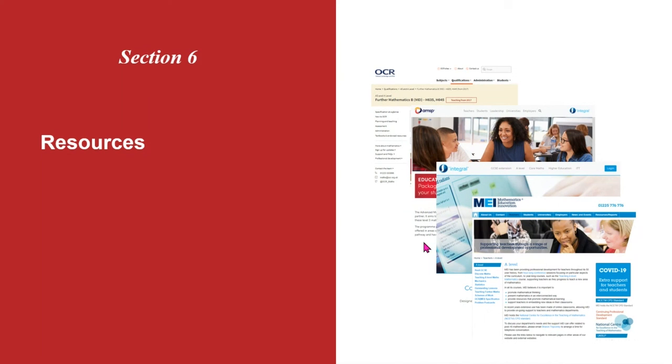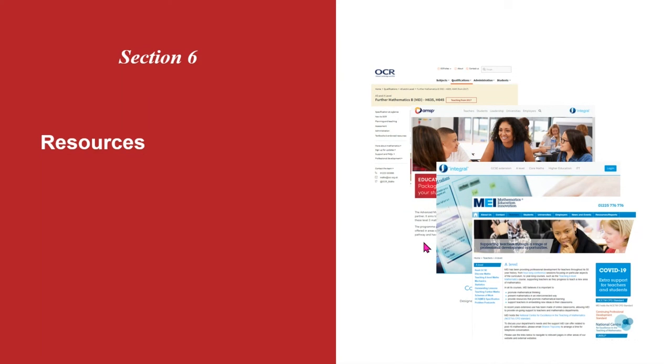Registering for the AMSP gets you some access to Integral, which is a website of resources run by MEI. There's also a subscription model where you can pay for access to Integral, and that gives you student logins, so you can keep track, for example, of how students do on assessments.